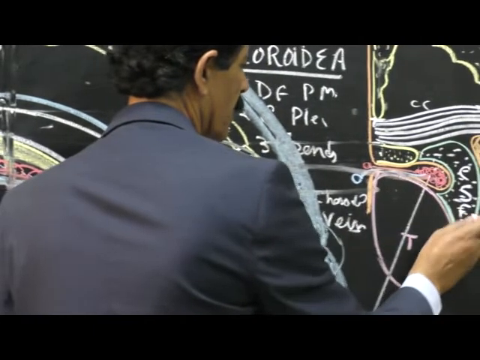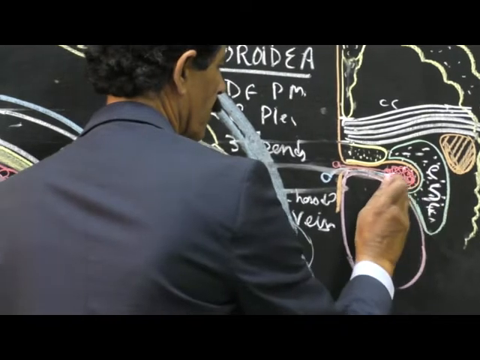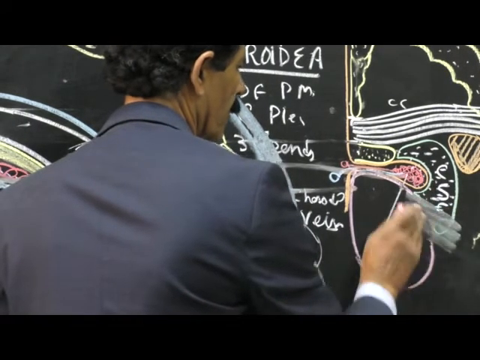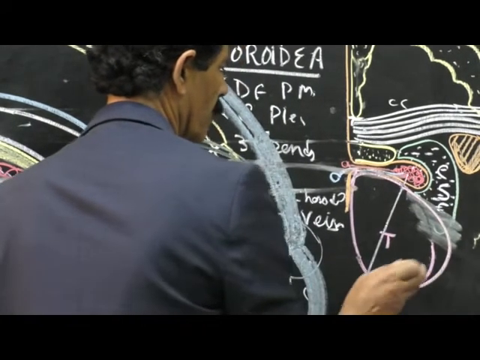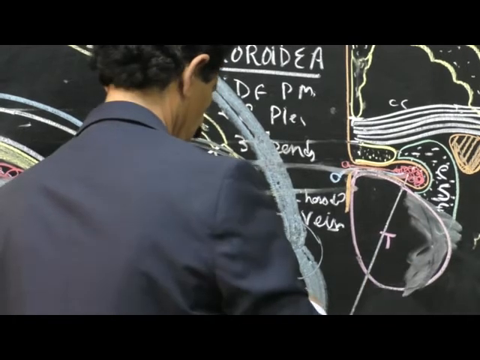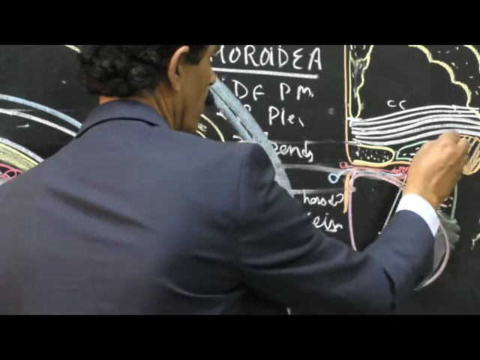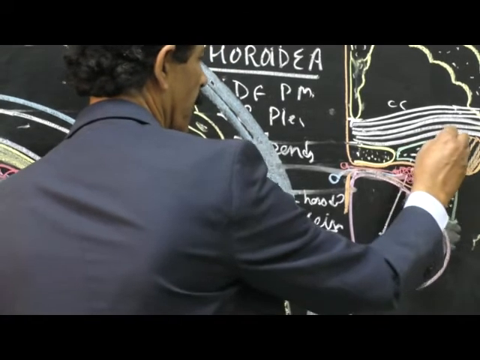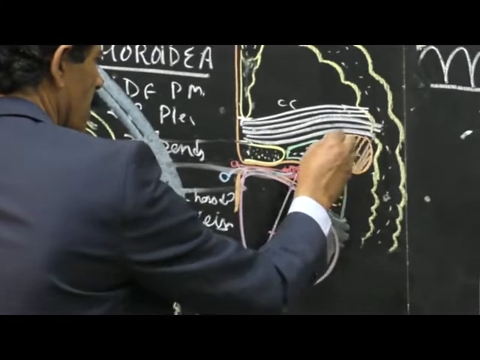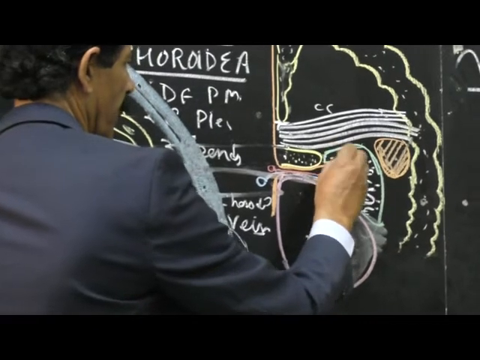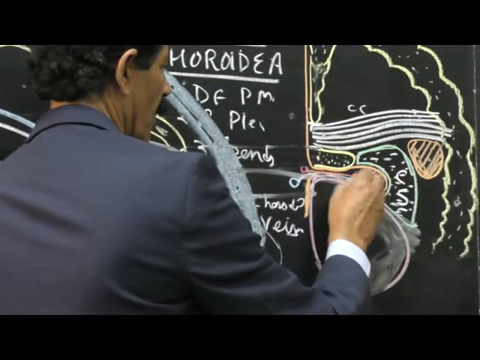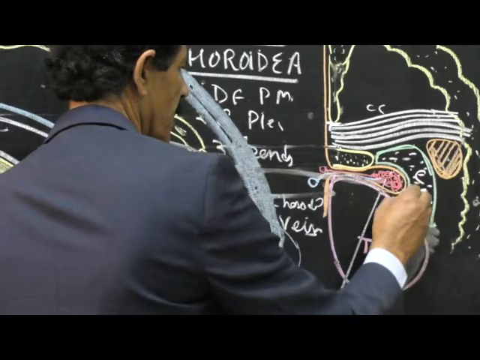This is the thalamus. So this is the floor. This is the roof. The lateral wall is the caudate nucleus. And medially there is the choroid fissure which contains the choroid plexus.